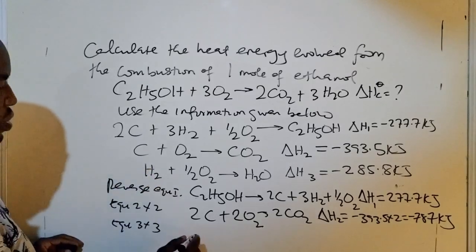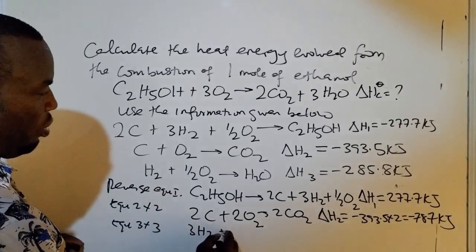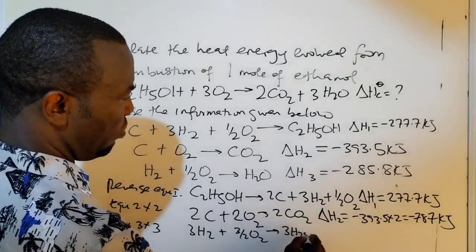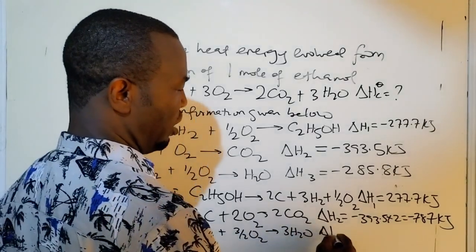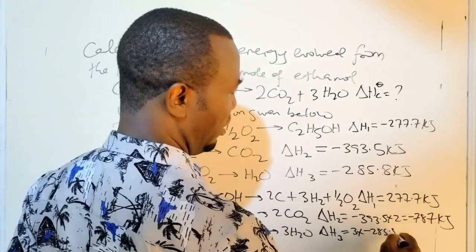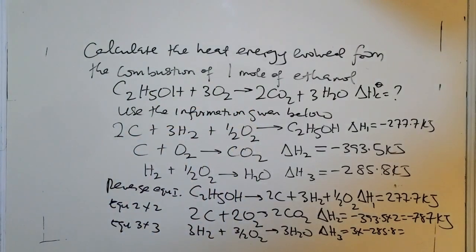You now have 3 hydrogen plus 3 over 2 oxygen, giving 3 steam. The enthalpy change, delta H3, now becomes 3 times minus 285.8, and that will give us, let's get it right, minus 857.4.